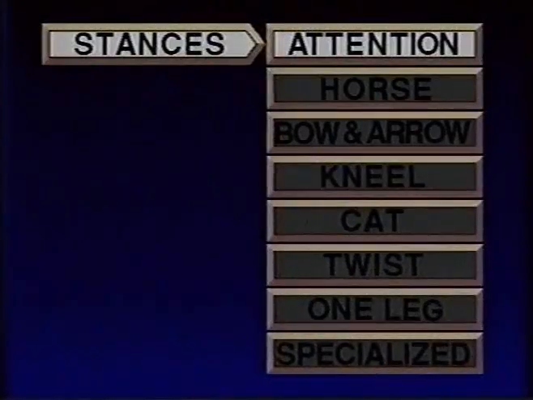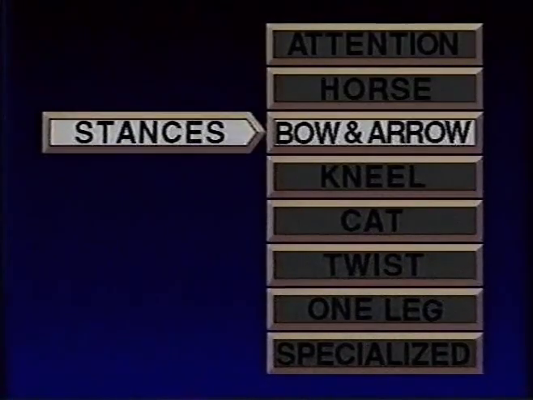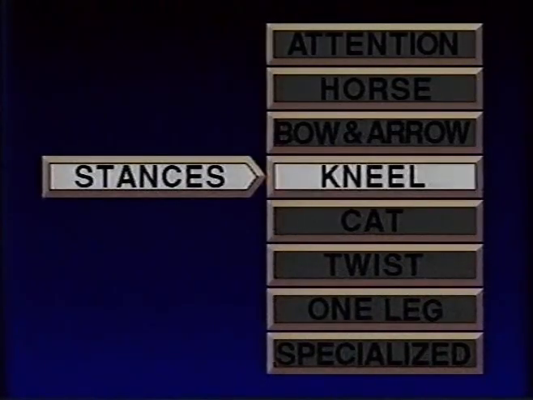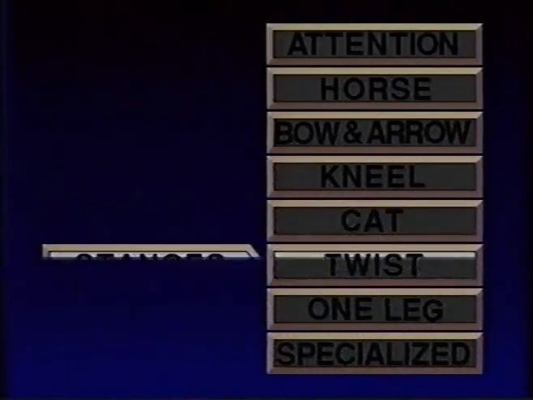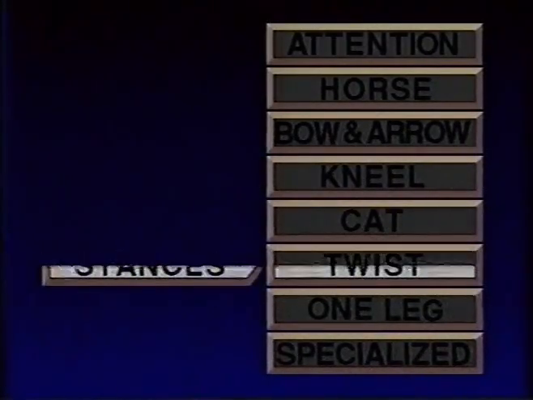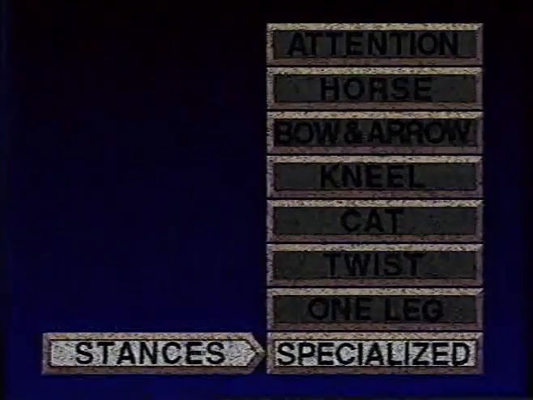Stances form the foundation of all self-defense and freestyle moves. As we explore them, they are divided into the attention, horse, bow and arrow, kneel, cat, twist, one-leg stance, and specialized.